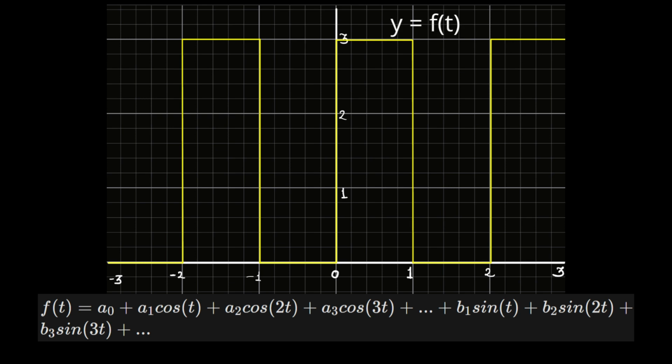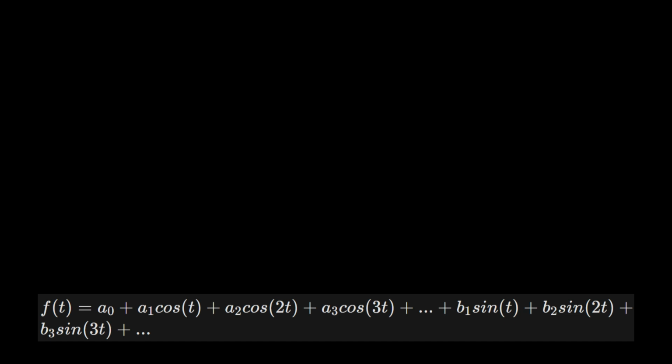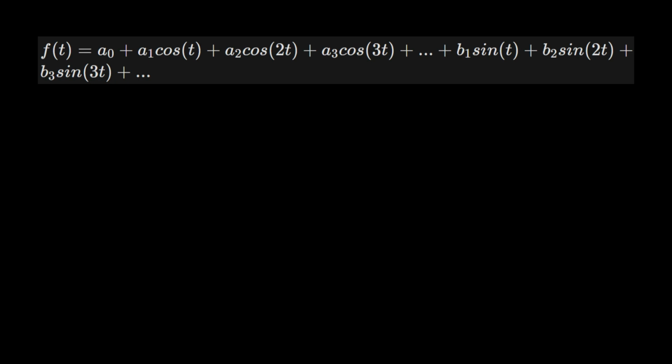Let us say y is equal to a function of t, and the graph we see has time t on the x-axis. Now we know that to express the given simple graph in sine and cosine form, we just need to find the values of a0, an and bn.